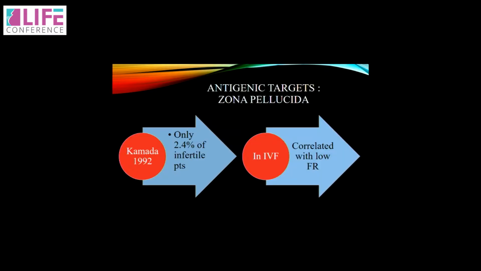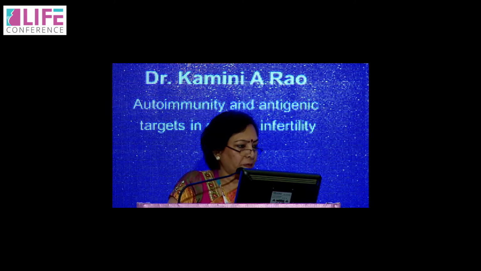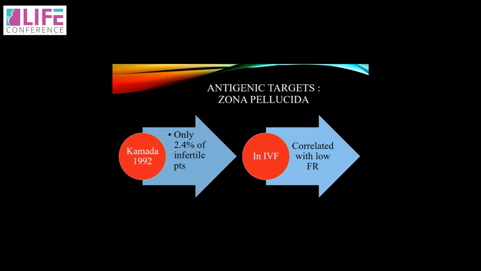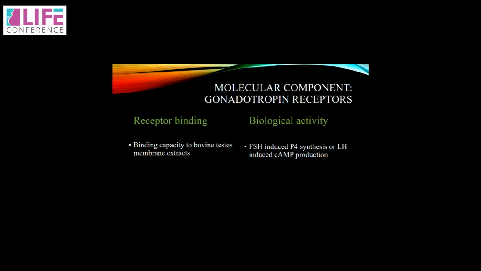We did hear about anti-zona pellucida antibodies sometime in the early 2000s as well. Only 2.4% of infertile patients way back in 1992 were recorded to have anti-zona pellucida antibodies, but in IVF it is correlated with a low fertilization rate.